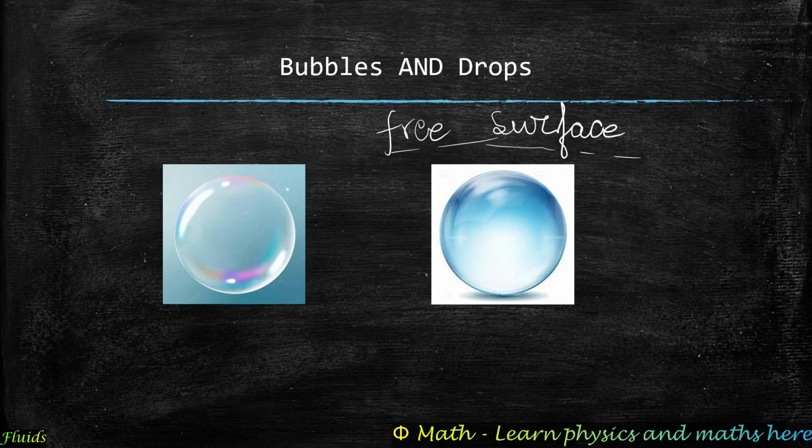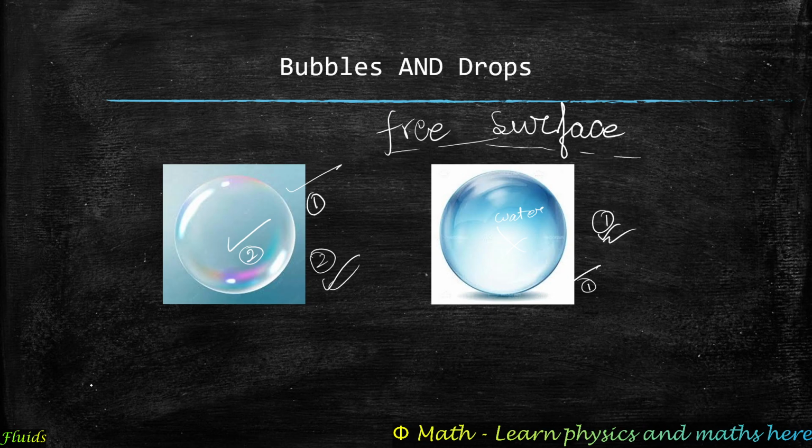In this case we can see this surface is in touch with the air, and all this area is also in touch with the air. In this case this surface is in touch with air, but this surface is not in touch with air because it is water, not air. So we can see a bubble has two free surfaces while a drop only has one.